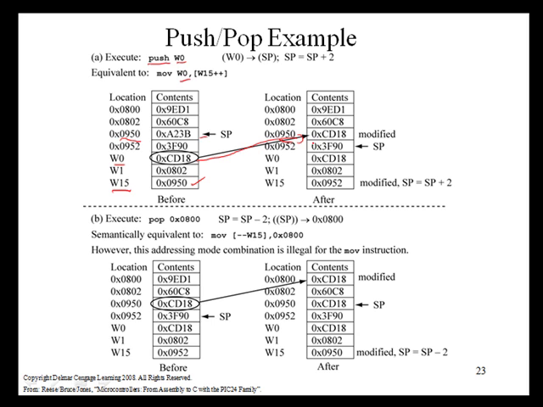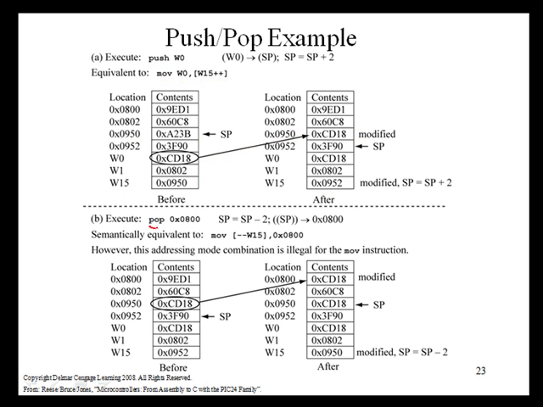So CD18 becomes the new value of location 950, and then the stack pointer is incremented to the next word, so the stack pointer, which is W15, is going to have a final value of 952. This is the same operation as doing a move W0 to the destination specified by register indirect with post increment using W15 as the pointer register.